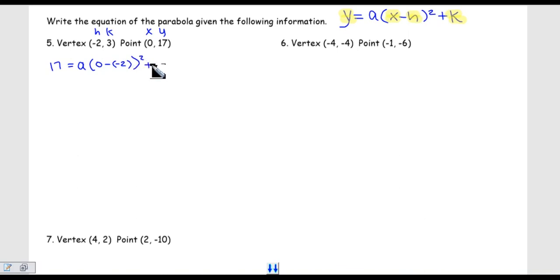And my k is 3. So now I'll just clean things up. I've got 17 equals a. Let's find out what all of this is. When I do 0 minus a -2, so 0 plus 2 gives me 2, and then I square that answer, I get 4.